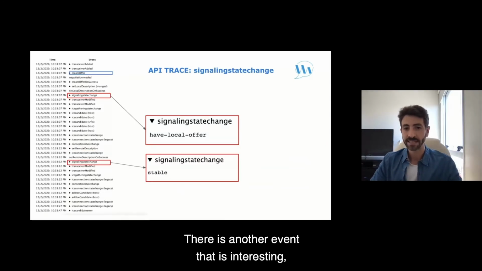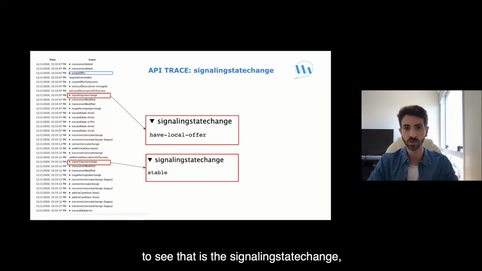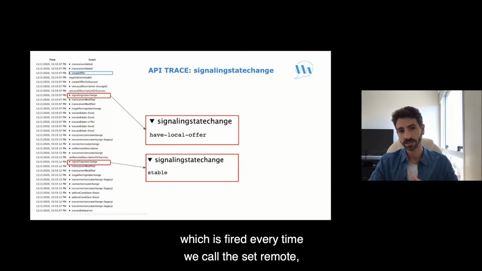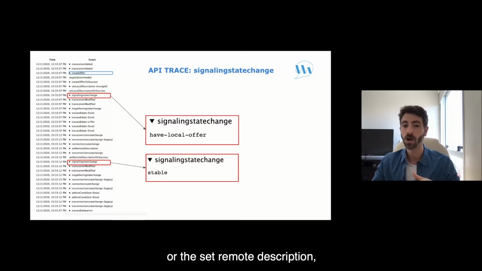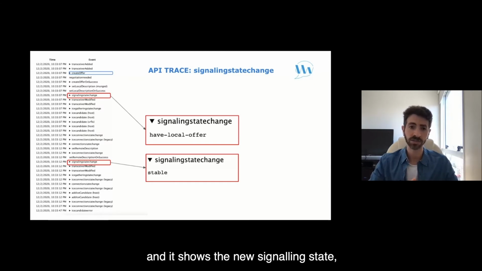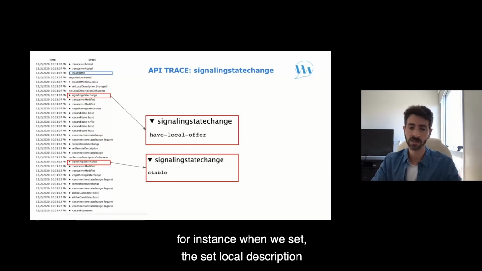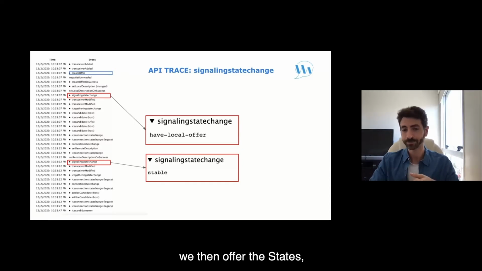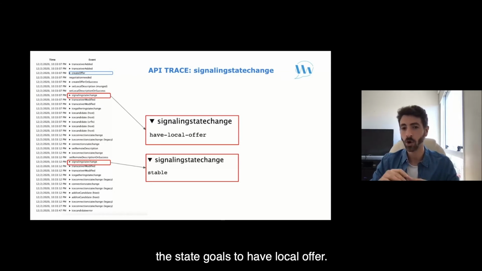There is another event that is interesting to see, that is the signaling state change, which is fired every time we call the set local description or the set remote description. And it shows the new signaling state. For instance, when we call set local description with an offer, the state goes to have-local-offer.